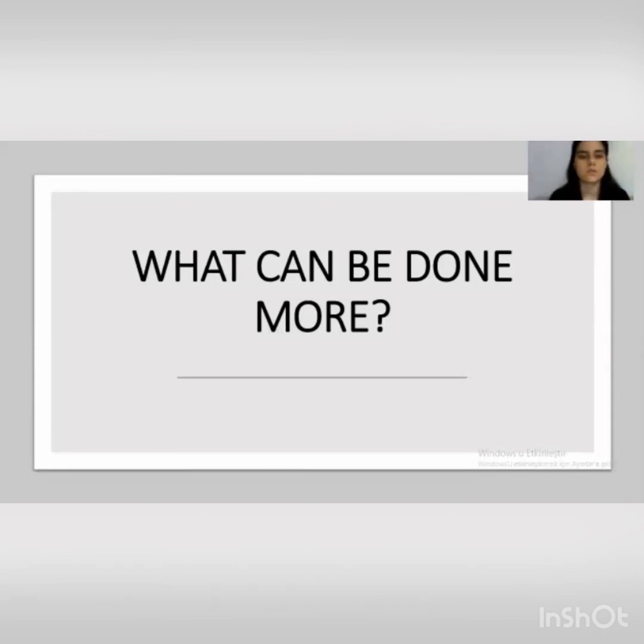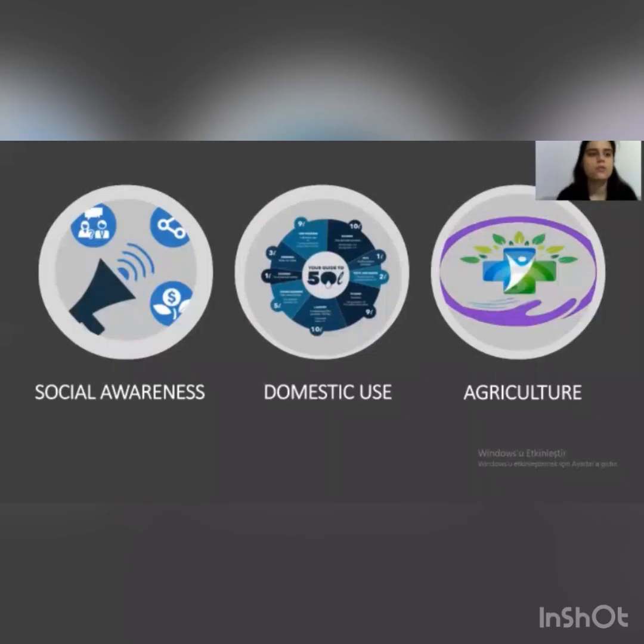Now, I would like to share our suggestions for Cape Town and the world. One of the most important water losses occurs in agriculture. Considering the increasing population and the increase in the water demand, it's necessary to use water effectively in agriculture.